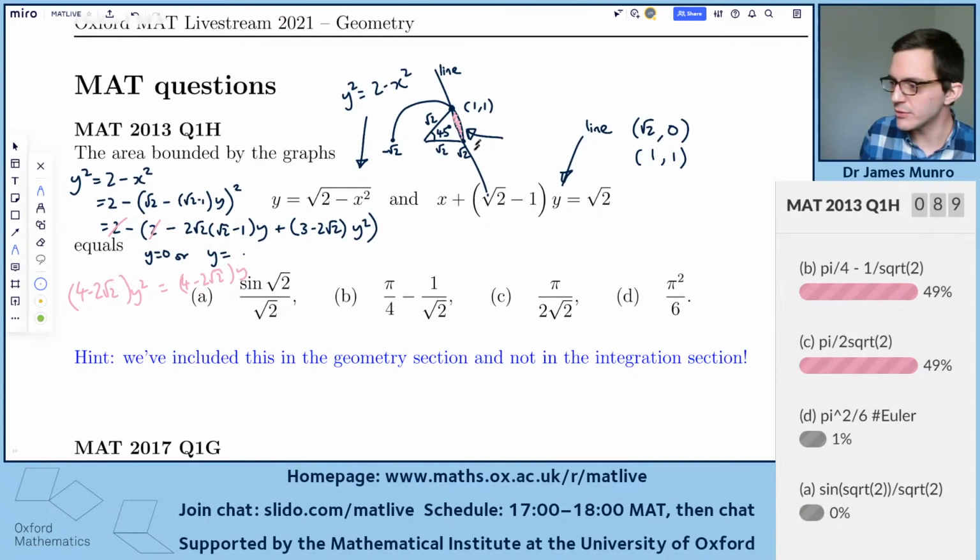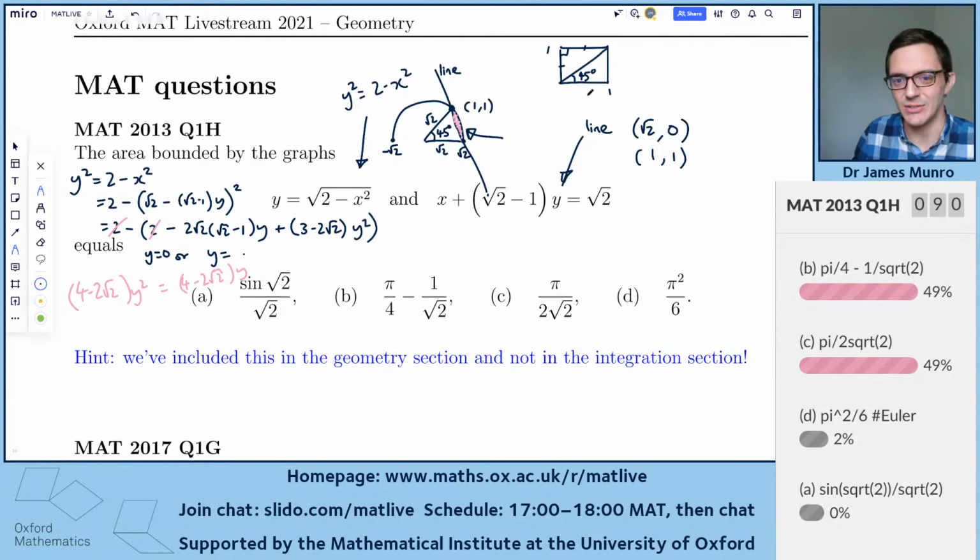How do I know that angle is 45 degrees? It's the angle between the x-axis and a line that goes up through the point 1, 1. I suppose I know that's 45 degrees because I'm imagining a nice picture of a square. So a 1, 1 square, and then this is the diagonal of the square. Squares have right angles and they have the same side length, so this is 45 degrees.